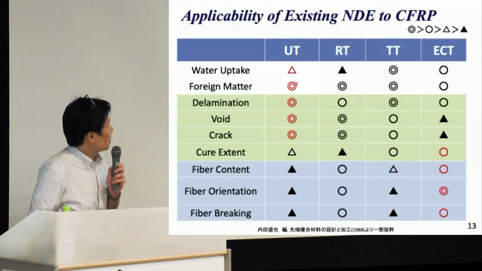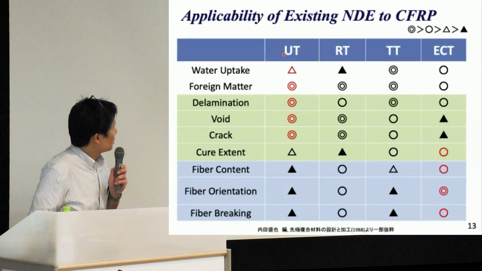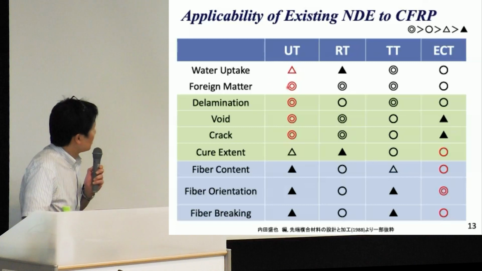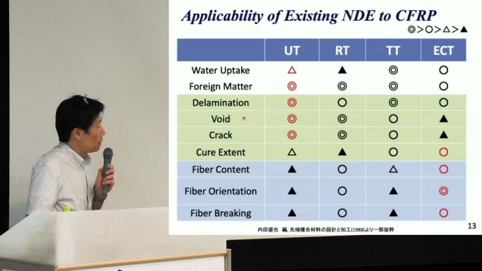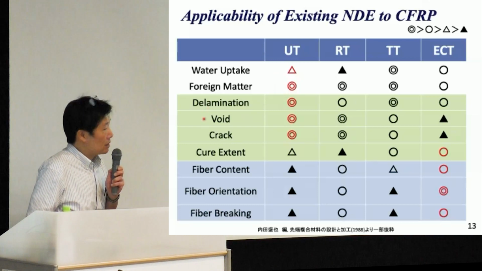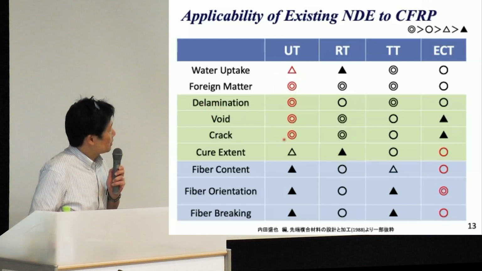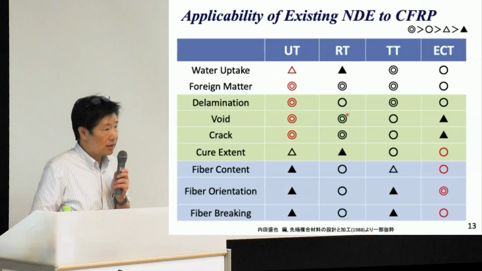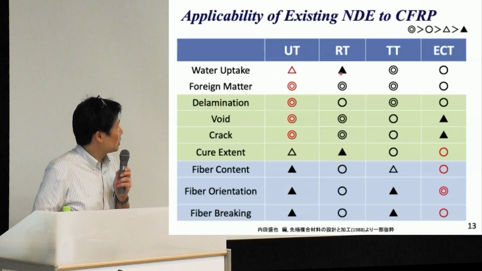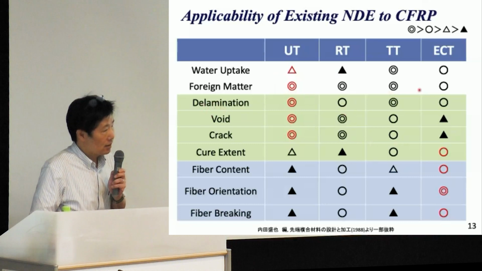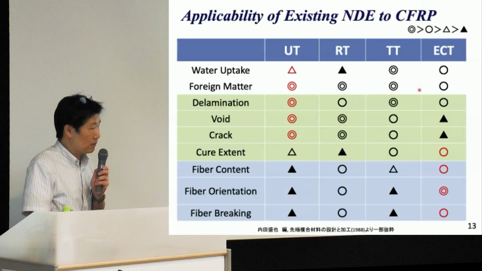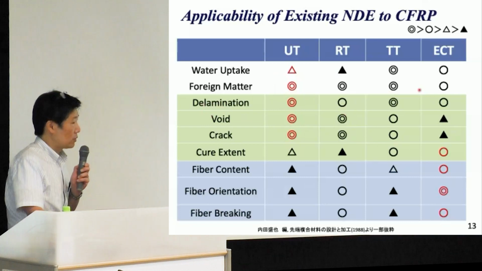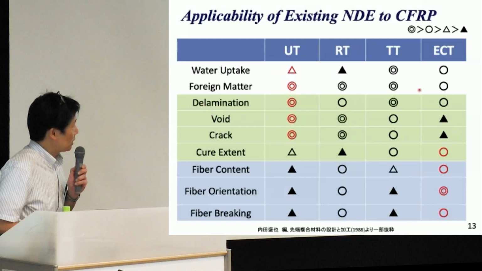Looking at ultrasonic testing, it is a very good technique for detection of resin defects. Looking at this table, I think that ultrasonic testing and eddy current testing complement each other. And I think the combination of UT and eddy current testing will give a good inspection for CFRP.